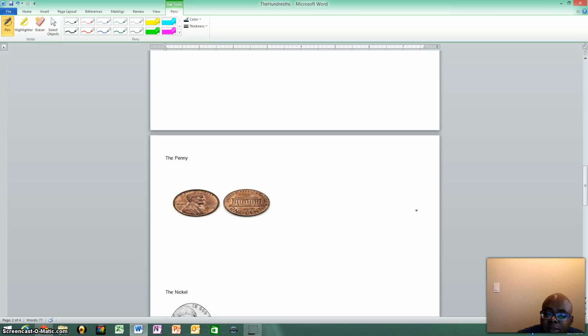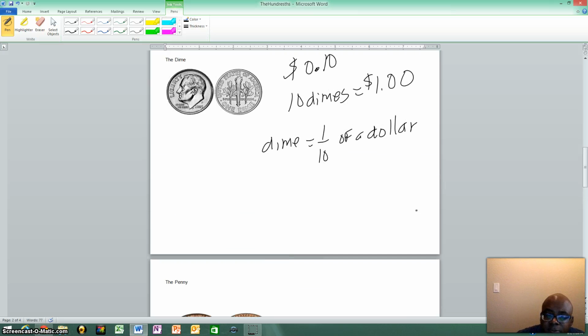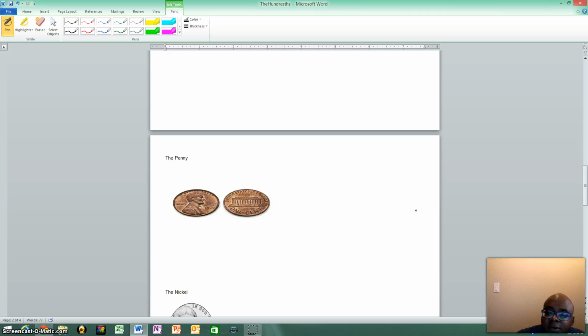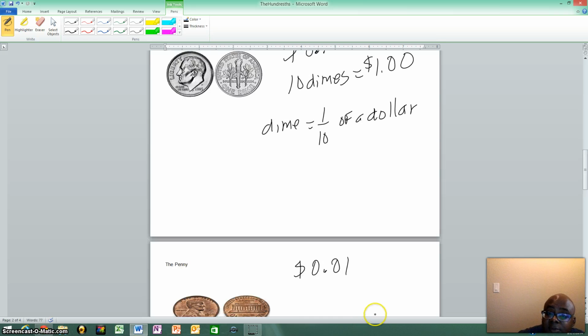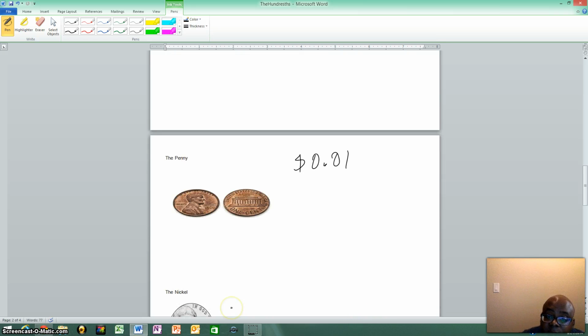Well, what about the penny? Penny, the poor misused coin. Well, the penny has a value of 0.01, right? Remember we changed this a little bit. You remember that it takes 100 pennies to equal $1.